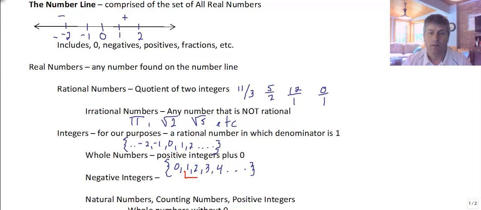Whereas these numbers here, those are going to be our positive integers. And of course, our negative integers, that's pretty obvious. That's going to be the set, like -1, -2, -3, and so on in the negative direction.